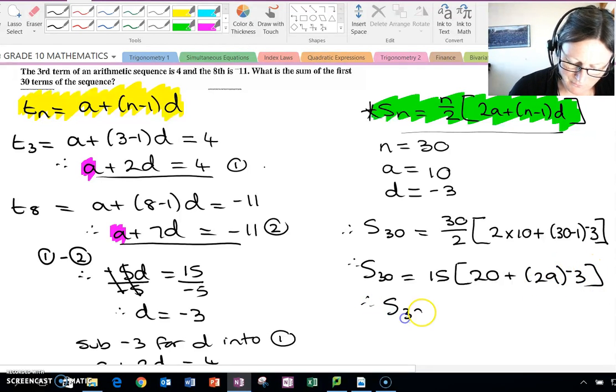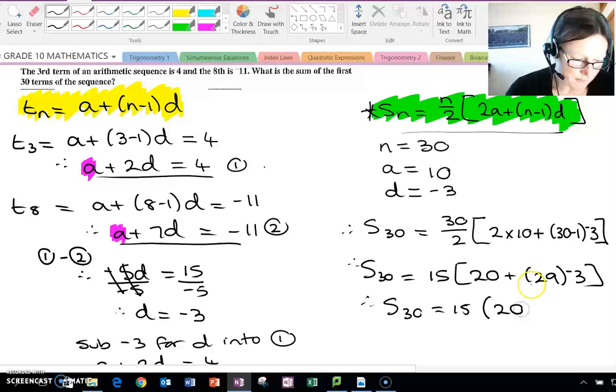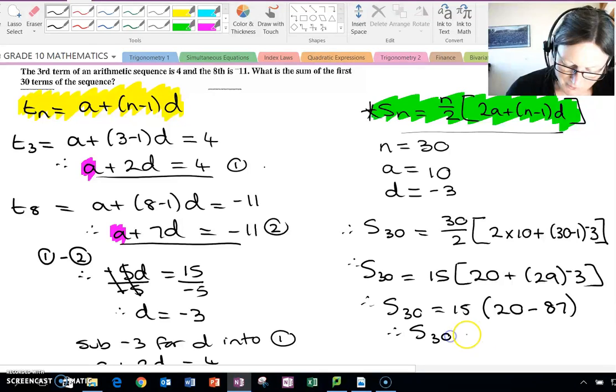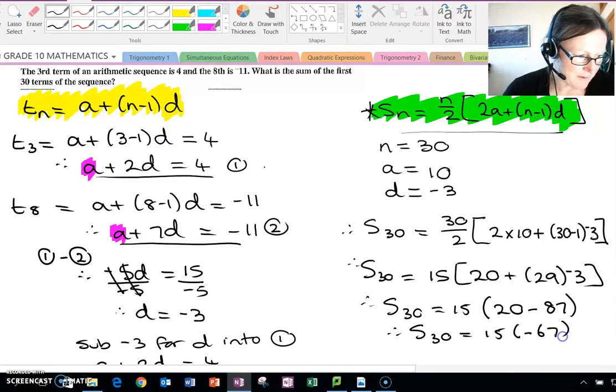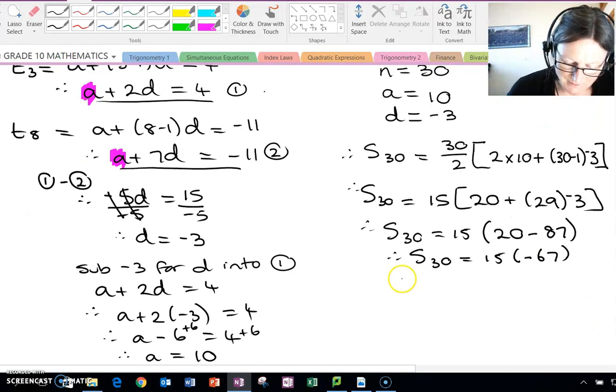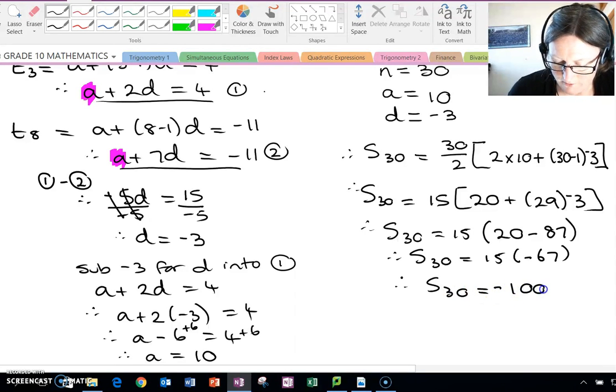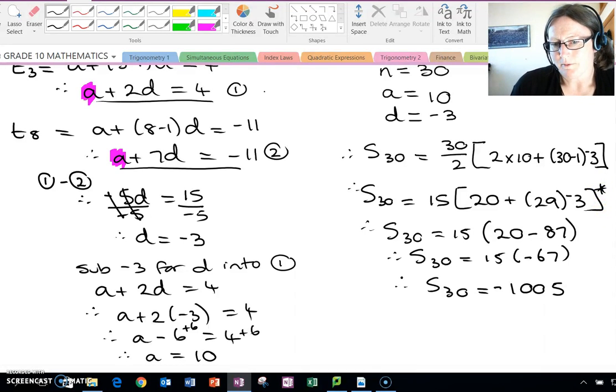So that's 15 times 20 subtract 87, negative 3 times by 29. So the sum of the first 30 terms is 15 times by negative 67, and 15 times by negative 67 gives us negative 1005. Now, right from up here, you can probably put that into your calculator. I just am in the habit of not using a calculator.